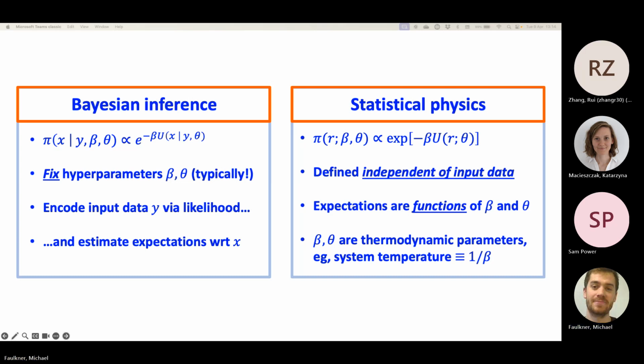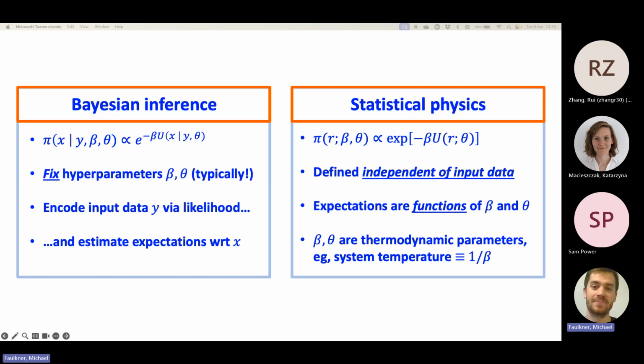From the Bayesian side of things, a practitioner in Bayesian inference will typically fix the hyperparameters, or potentially also sample over them, and then encode the input data Y by the likelihood. The aim is to fit this input data to some probability model essentially, and then predict statistical expectations with respect to the parameter X.